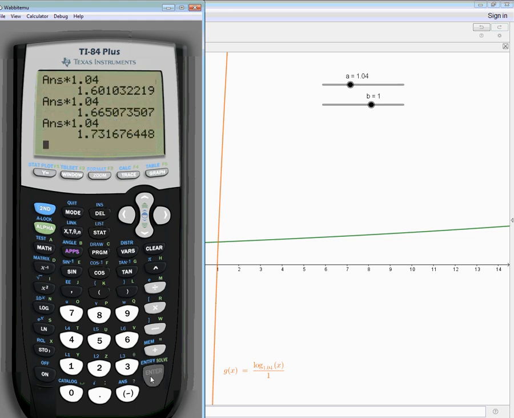It grows, but it's growing pretty slow. You know, we got to go out really far in order to turn it into a 2. You see what I mean? So a small base is a slow growth.